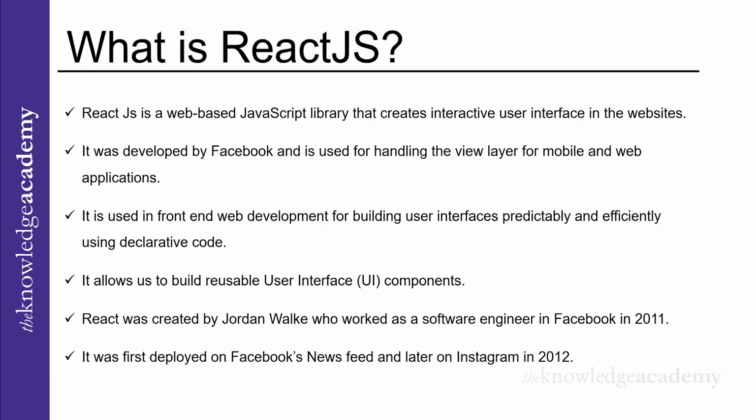A bit of history about ReactJS: it was developed by Facebook, by a Facebook engineer, who used it for handling the view layer of mobile or web applications for front-end web development. It's used for building user interfaces efficiently using the code that we just showed you. It allows us to build reusable UI components, which I'll come to.